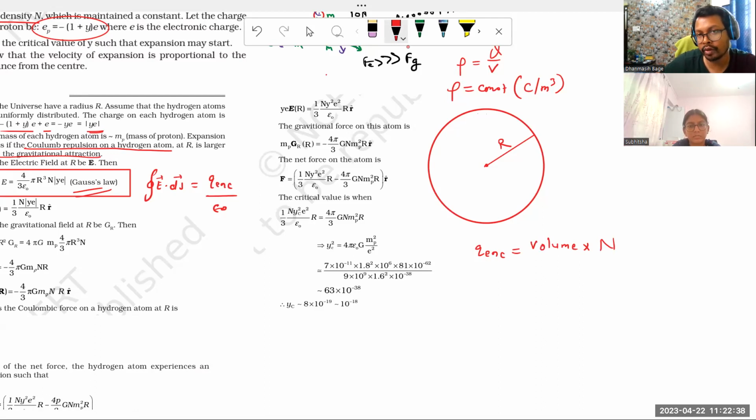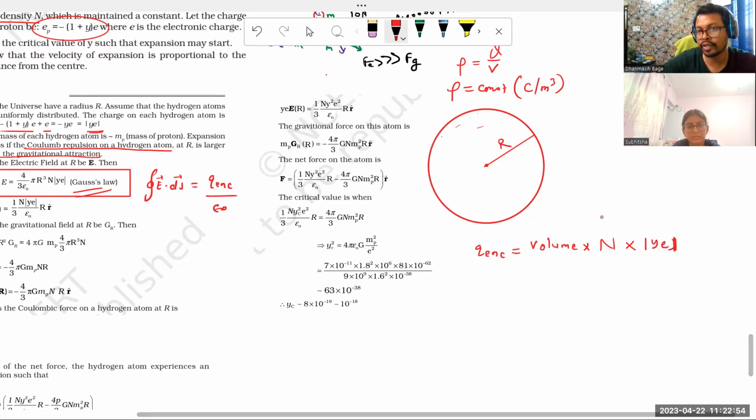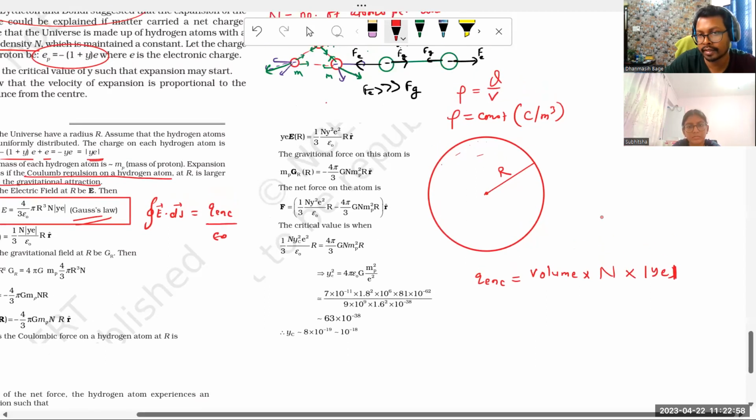So if I multiply the entire volume of the universe by the number density, then we'll get the total number of hydrogen atoms. And if I multiply with the charge Ye, I will get the total charge of the universe. Is that okay? Do you understand this thing? Volume multiplied by number density multiplied by charge.